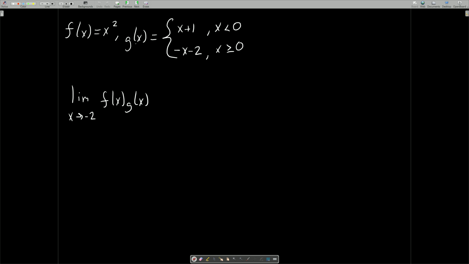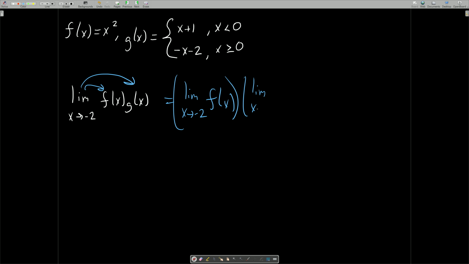Right over here you have this normal x squared function and this piecewise function. What we do here, so first we're going to distribute these limits, and multiply them, because these functions are being multiplied. And now we can evaluate these.